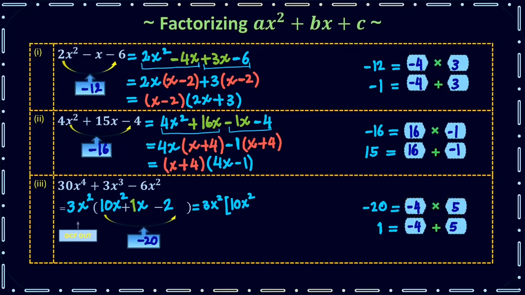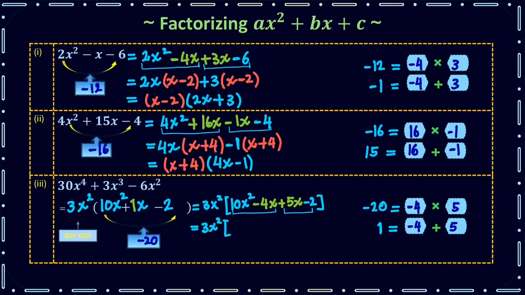We can write 1x as -4x plus 5x, or 5x minus 4x. It doesn't make any difference. Once again, we have 4 terms, groups of 2. From each group, take out the GCF. And don't forget that every time you have to copy down the original GCF.